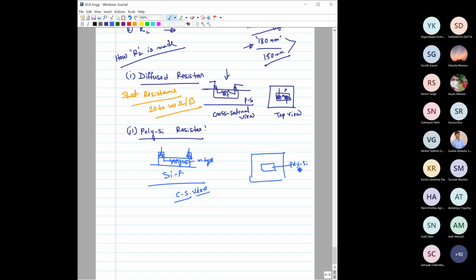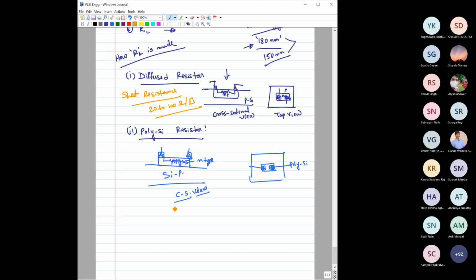Polysilicon means polycrystalline silicon. I think in your devices course you have learned the difference between crystalline silicon, polysilicon and amorphous silicon. Here you can see this is deposited on top of silicon. This is not deposited, this is diffused, so it is inside that silicon. But here it is on top, and you have made a contact out of this.